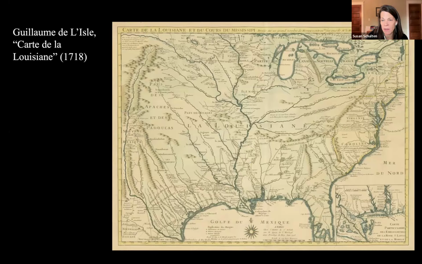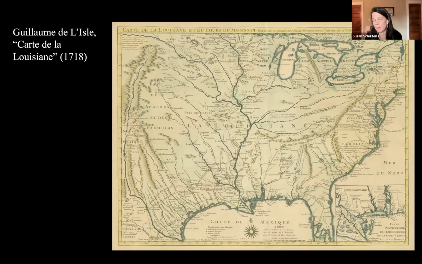And I want you to notice a few things before we zoom in. First, you'll notice that this is not entirely the picture of North America, right? But it very strategically centers on the Mississippi and all the tributaries to the Mississippi. And this is understood for a couple of reasons. The French were not in North America to settle, to develop colonies as we understand them as descendants of the English colonies.